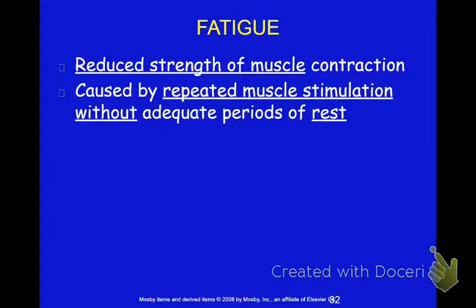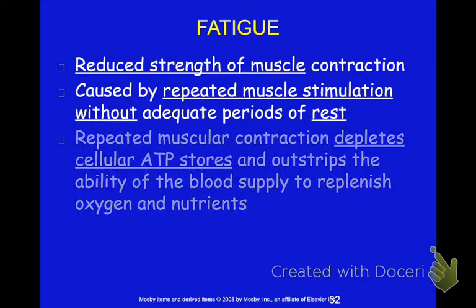When you repeatedly stimulate a muscle and you don't allow it to rest in between. In order to fatigue a muscle, we have to work out that muscle until we use up all of the ATP that's stored inside of the muscle.